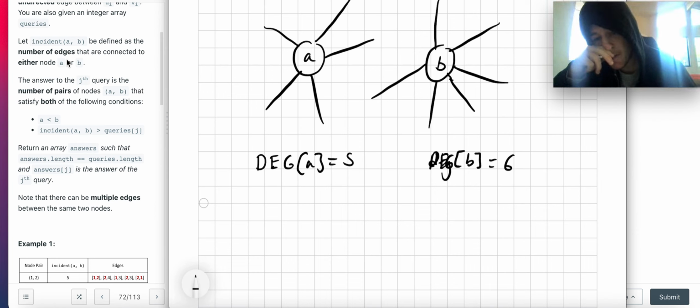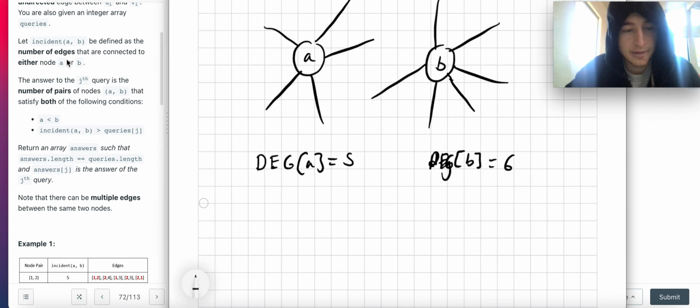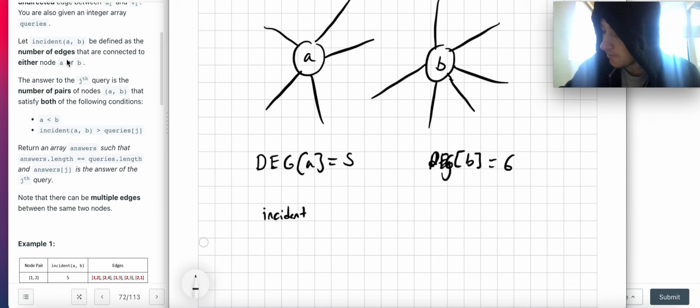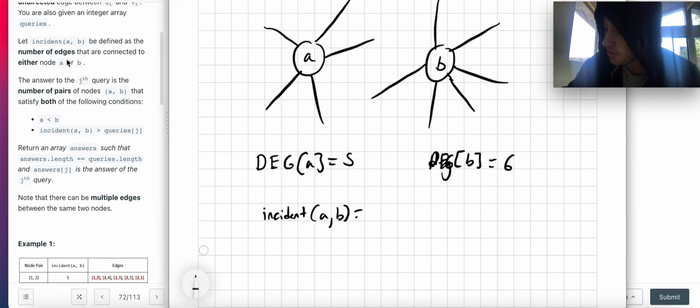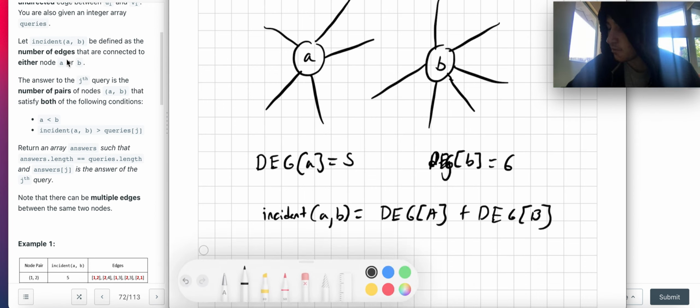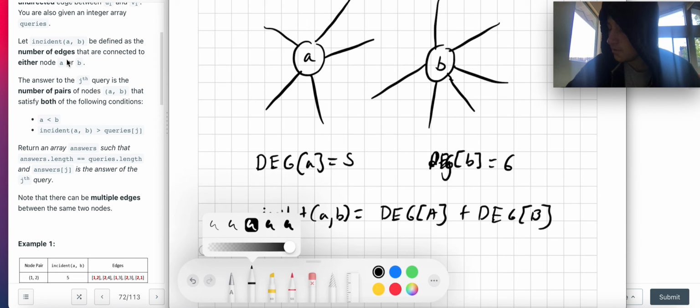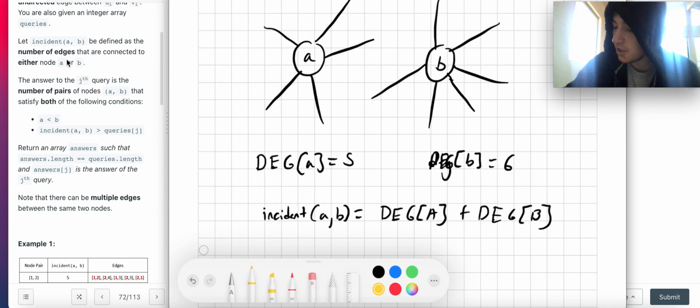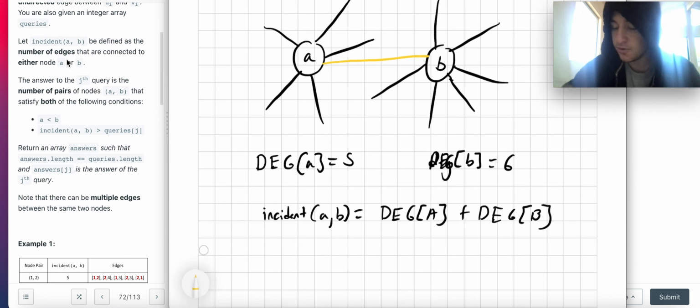Now you might say, okay, well, the incident of A and B is just the degree of A plus the degree of B. You may be motivated to consider this as the answer, but one thing you should think about is if there's an edge between these two nodes.